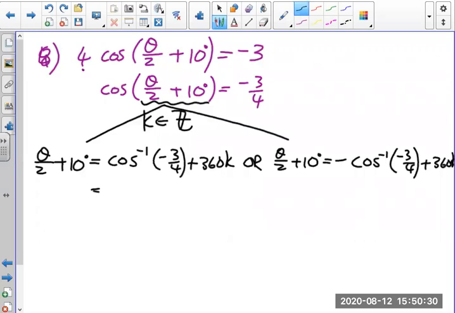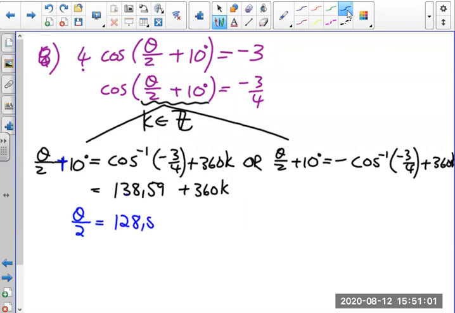I'm going to solve one at a time. If you ask your calculator shift cos minus 3/4, you're going to get 138,59 plus 360k. Take the plus 10 away by subtracting. So theta/2 is subtract 10 from 138, then you get 128,59 plus 360k.